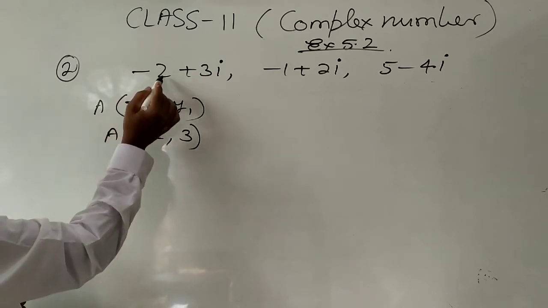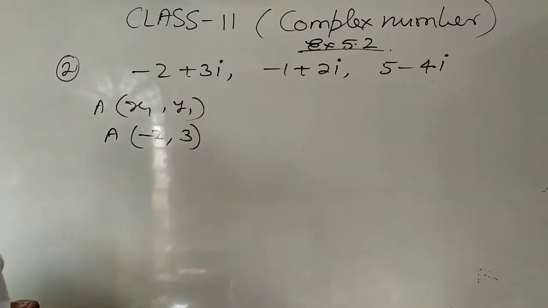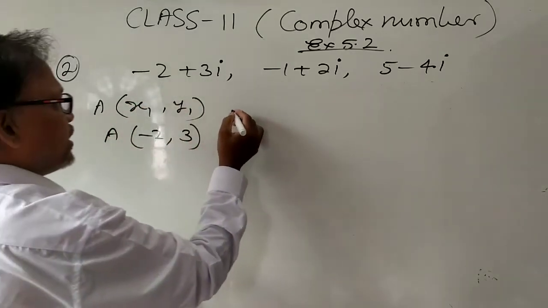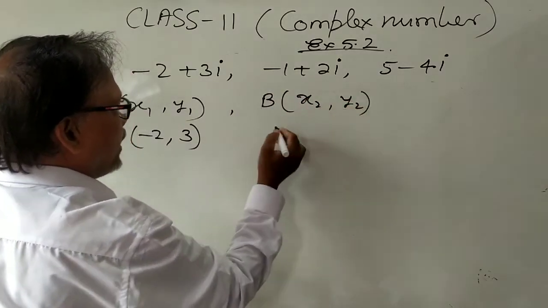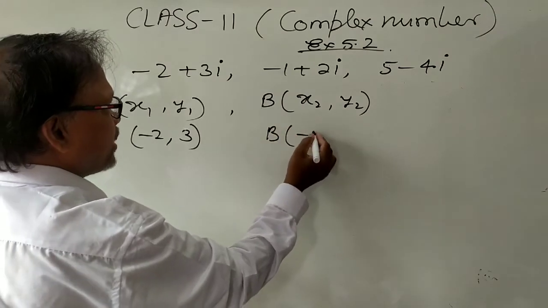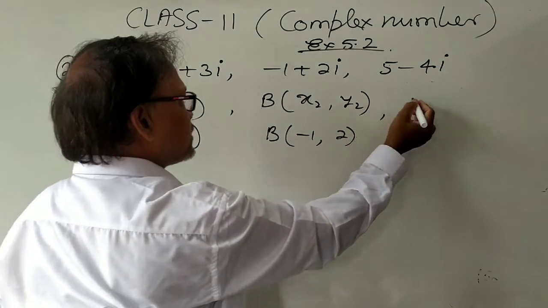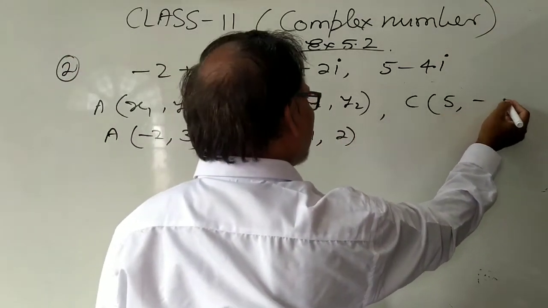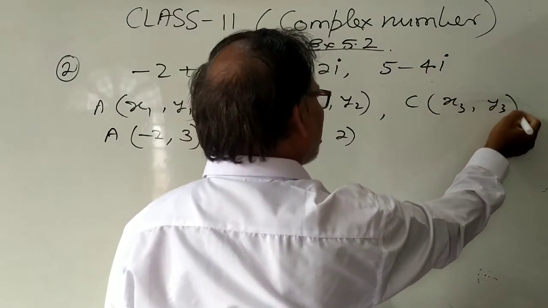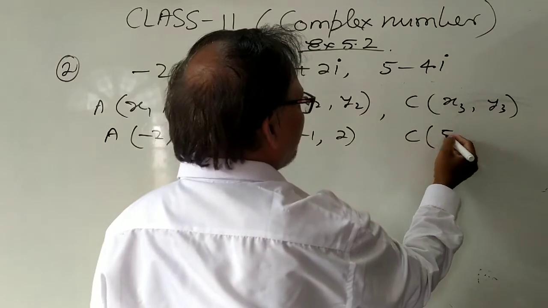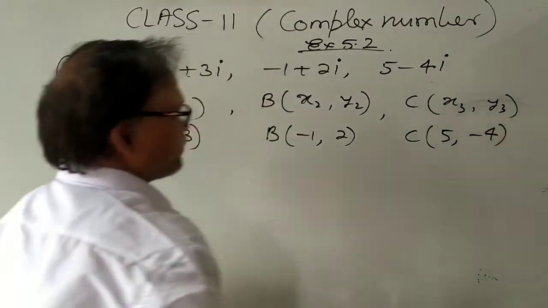Using this, x1 means minus 2 and y1 means 3. Similarly, point B is x2 comma y2, and this is the point minus 1 comma 2, and point C is x3 comma y3, and this is 5 comma minus 4.